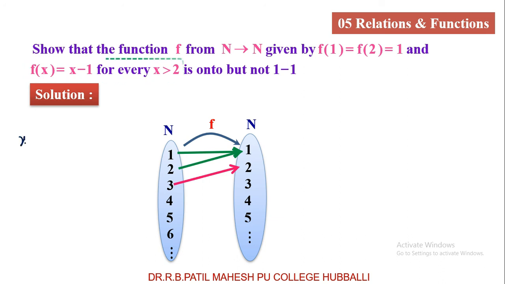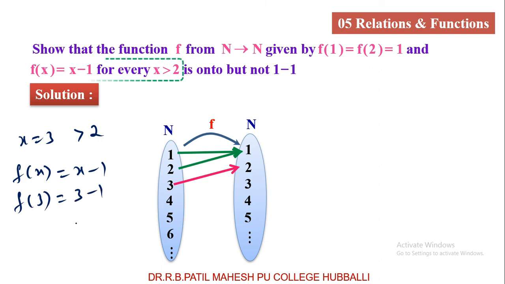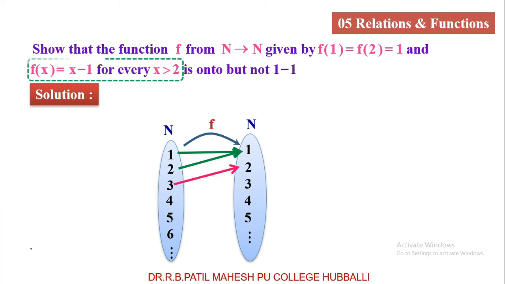X is equal to 3 means it is greater than 2. I should take f of x is equal to x minus 1. The number for x is 3 we have taken. So 3 minus 1 is 2. Therefore 3 is related to 2. 4 is related to 4 minus 1, that is 3. 5 is related to 4. Like this it will continue, students. So now you can see me.